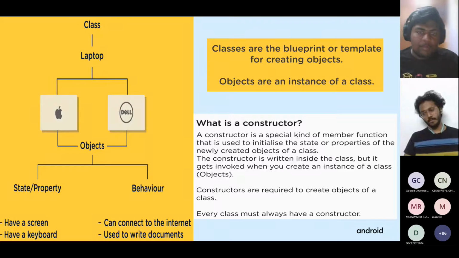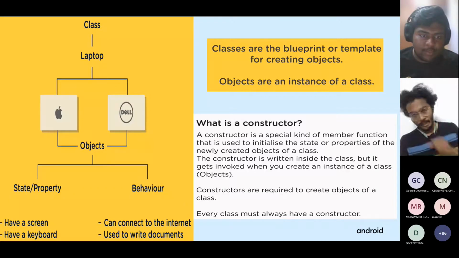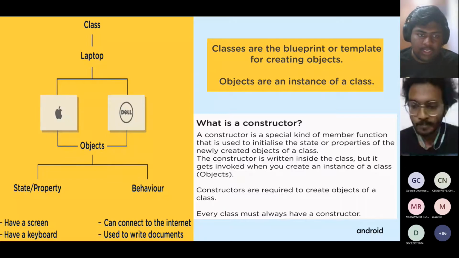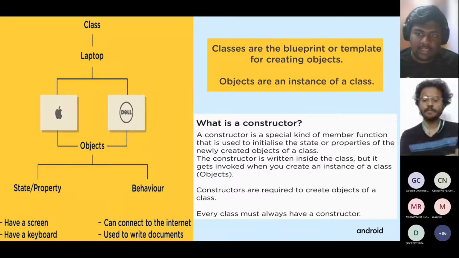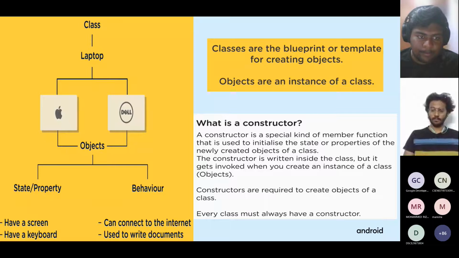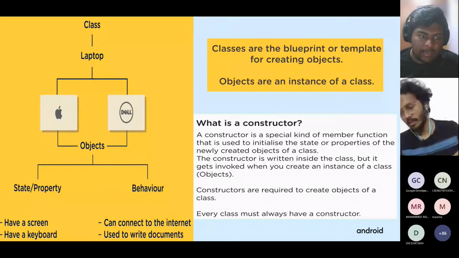So based on the characteristics of the objects, they are molded into one class called laptop. This MacBook and this Dell laptop both have their own systems, but because of those characteristics in common, they are classified into a class called laptops.